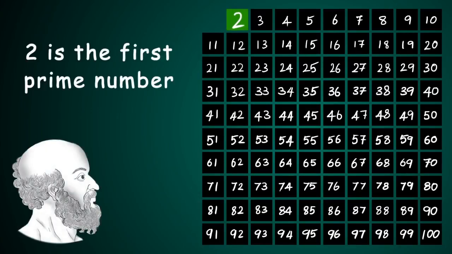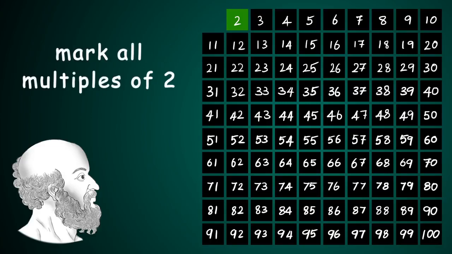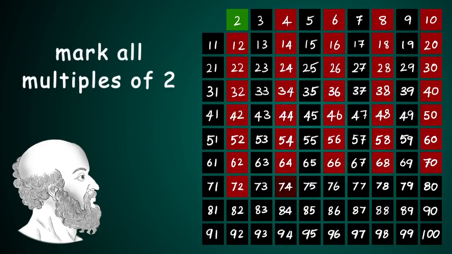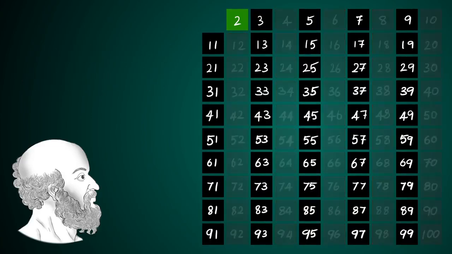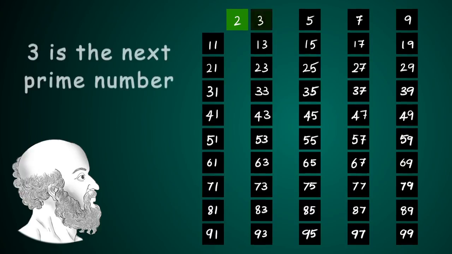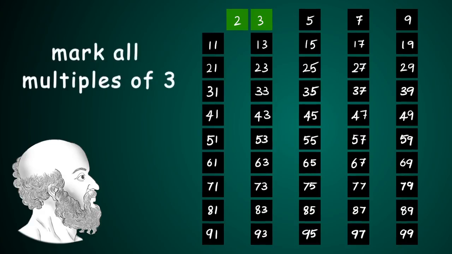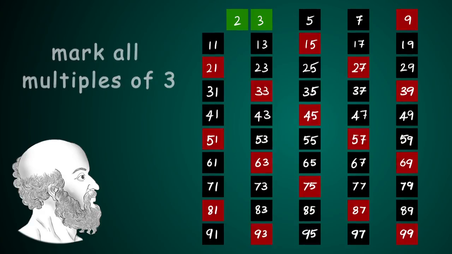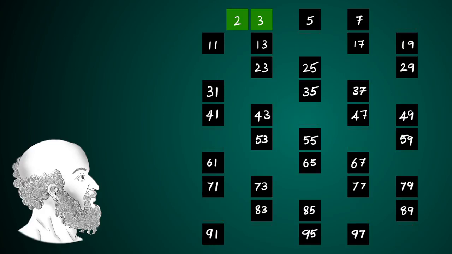Then we identify all multiples of 2, and delete all the multiples of 2, but we do not delete 2. Then we find the next largest number from 2 which has not been deleted, which is 3. We highlight 3, identify all multiples of 3, and delete them, again leaving 3 alone.